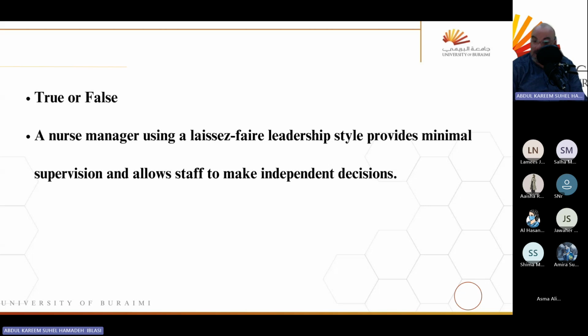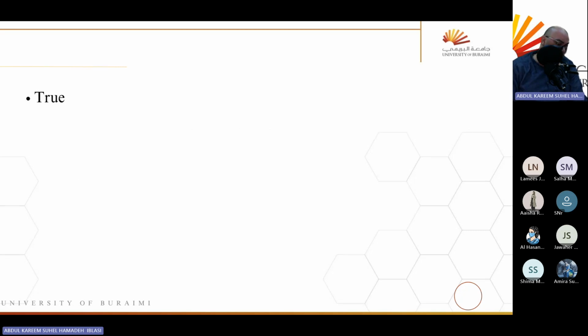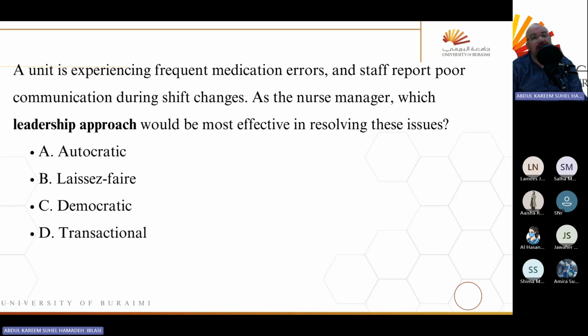Laissez-faire provides minimum supervision and allows staff to make independent decisions. وعادة بيكون السؤال معمول بطريقة عشان يعمل لك confusion، لكن it's directly رايح يسألك على leadership style.